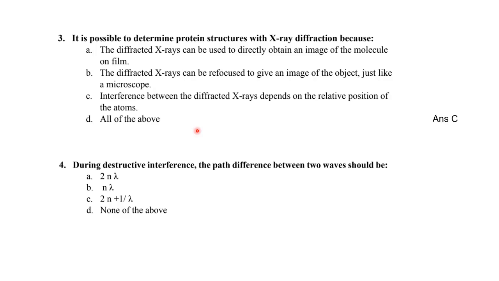No, that n lambda should be for the constructive interference, not for the destructive one. I told you that the n value should be an integer if we want to get a constructive interference. In that case, the n should be an integer. But for destructive interference, which one of these should be there?